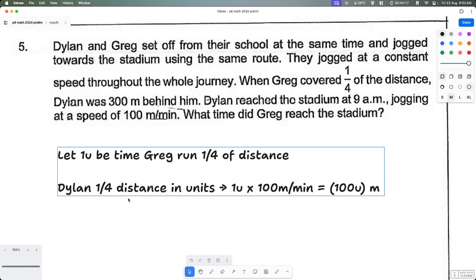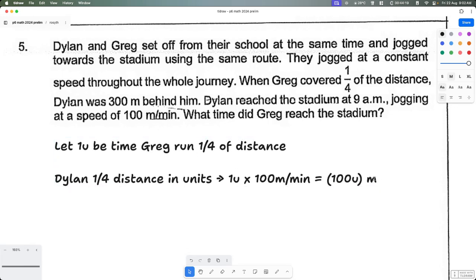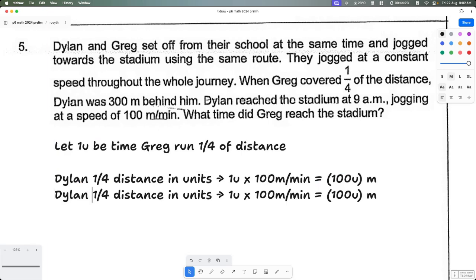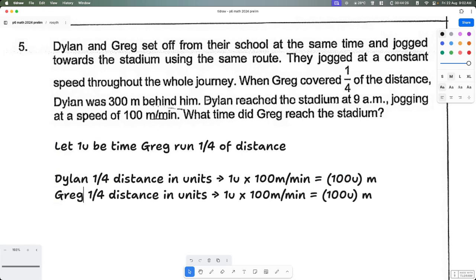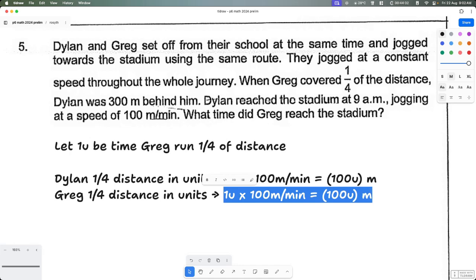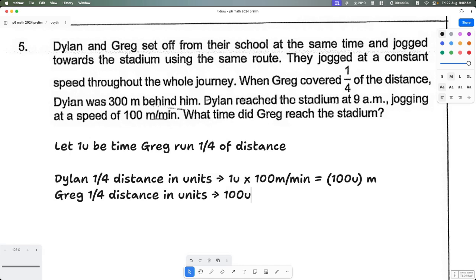Okay, so then we also want to know Greg's distance. So Greg's 1/4 distance in units is basically plus 300. So in this case it is 100 units plus 300, in meters as well. Now the next thing is the total distance.